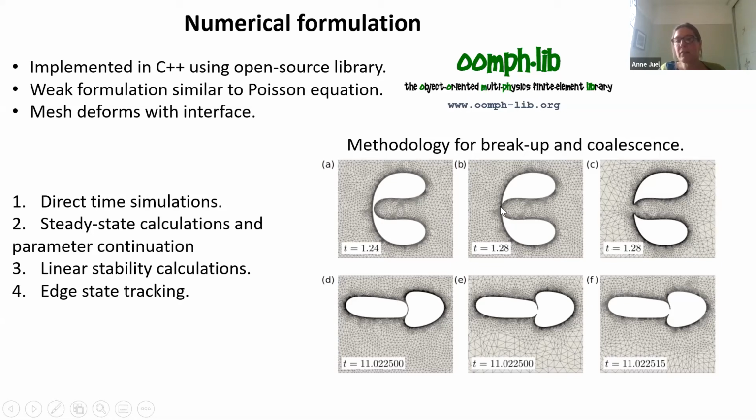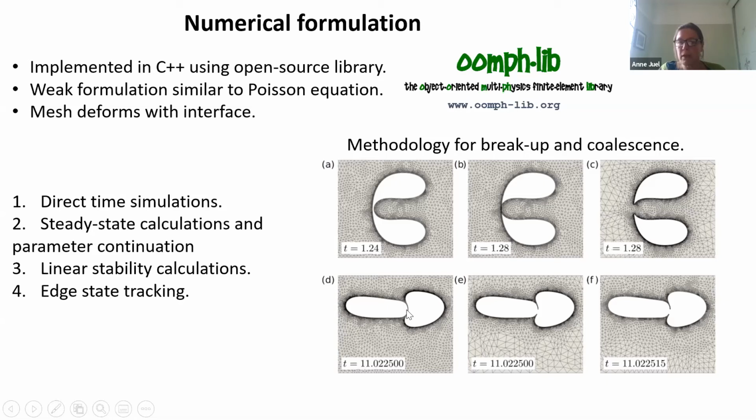We just decide to snip the interface when the film thickness goes below a specified threshold, and then let the two product bubbles relax due to capillary pressure gradients in particular, and the flow. This works very well to pick up the breakup effects that we see in the experiment. For coalescence, it doesn't work quite so well.